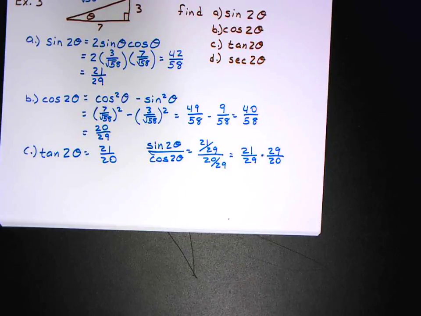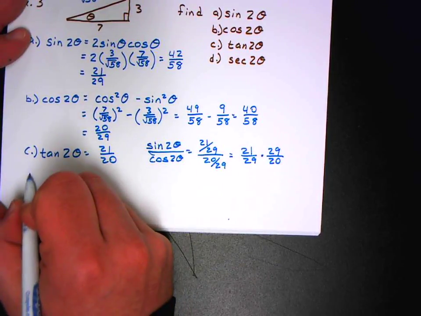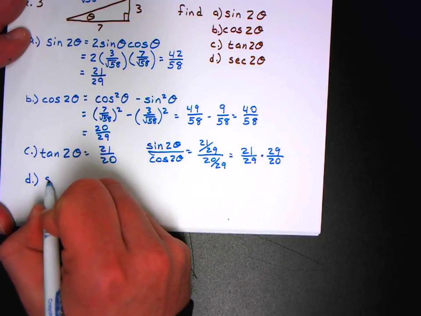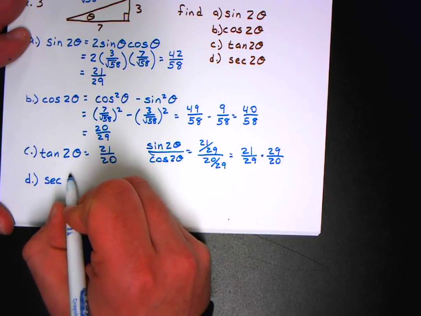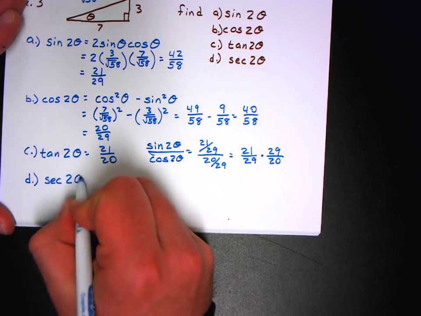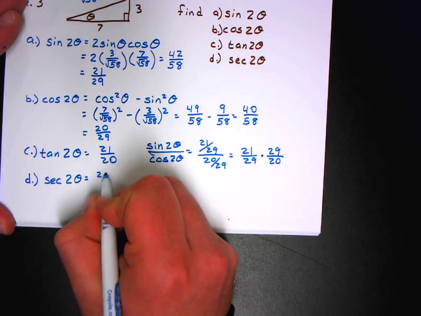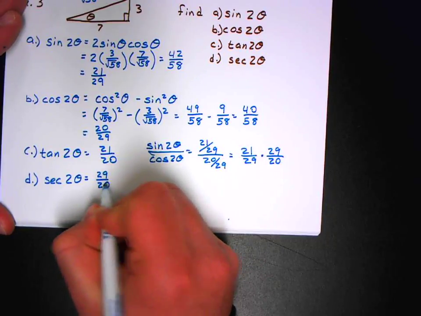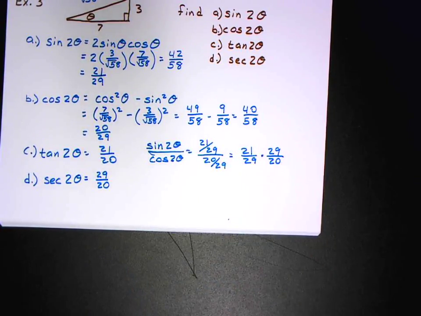Okay, so what's D going to be? 29 over 20. We don't have any formulas for secant. We don't need them. Secant is 1 over cosine.